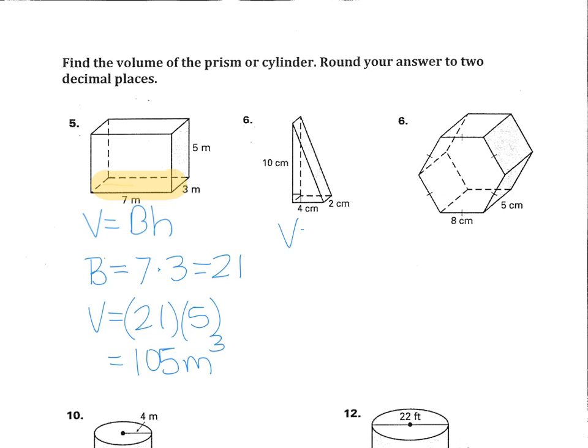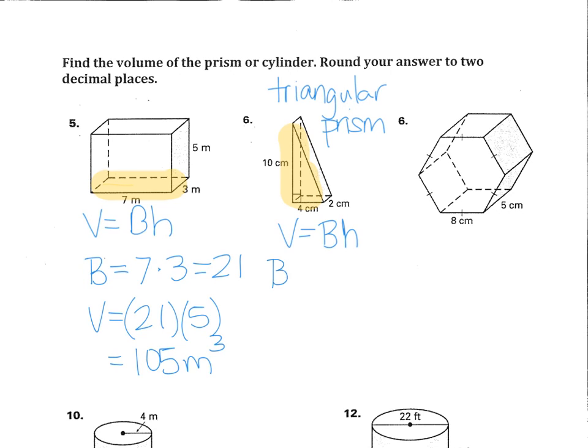Next one, still volume: area of the base times its height. Because its base is a triangle, this would be a triangular prism. So here is its base.